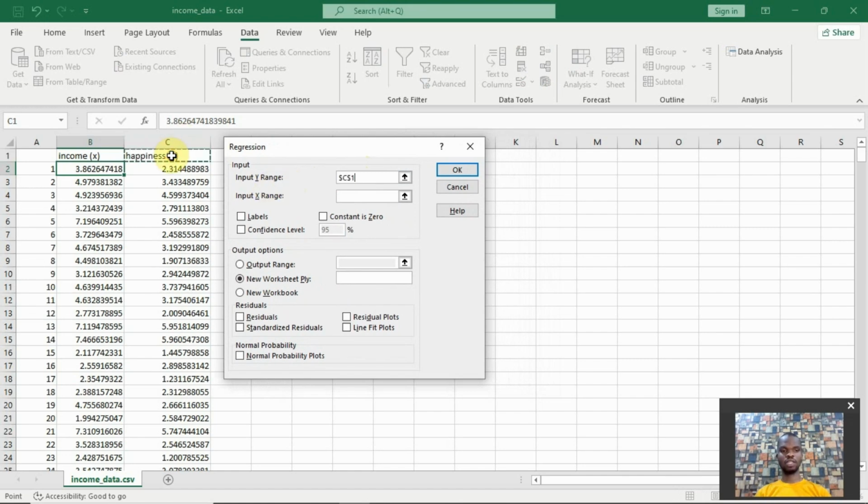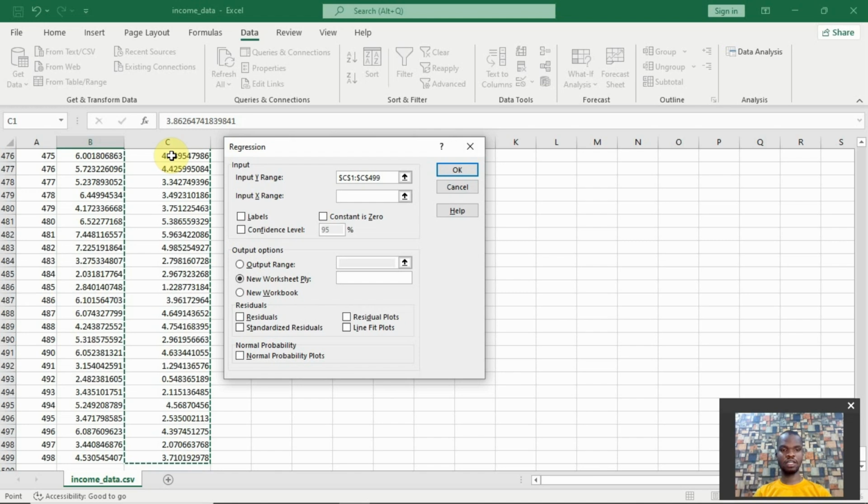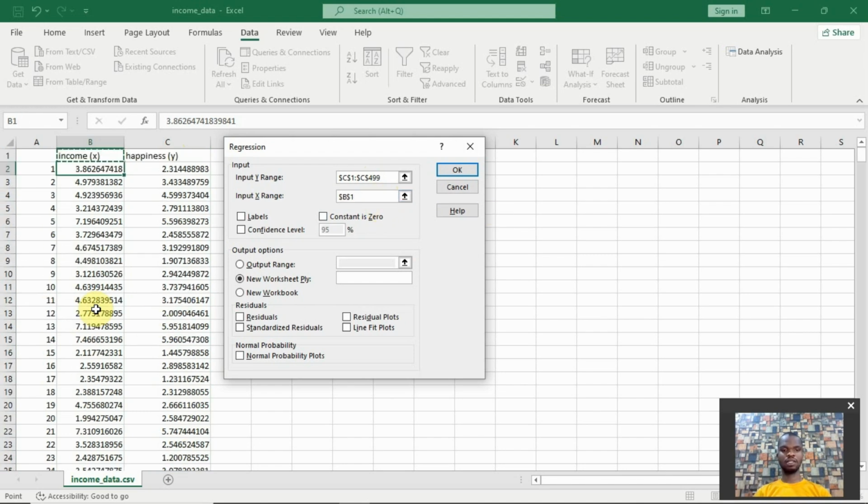I want to start from the first. Okay, so if I select the first cell, Control Shift down, which is including my label. So I have 498 data points. While for my X range, which is my independent variable, I'm selecting all.